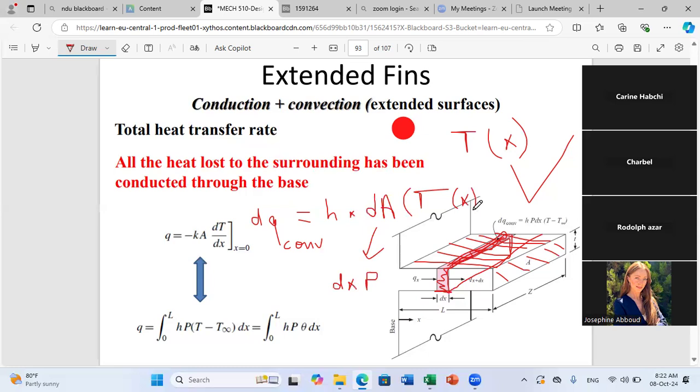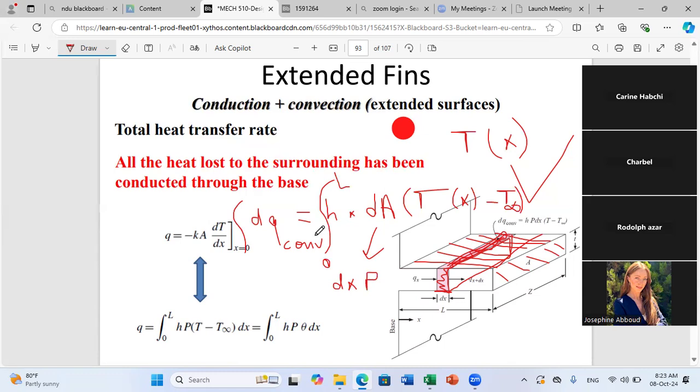Since T is variable with x, to get the total value of heat transferred by convection, I should integrate this. So if I integrate this over the length of the fin, with x varying from 0 to L, I can get the heat loss by convection.